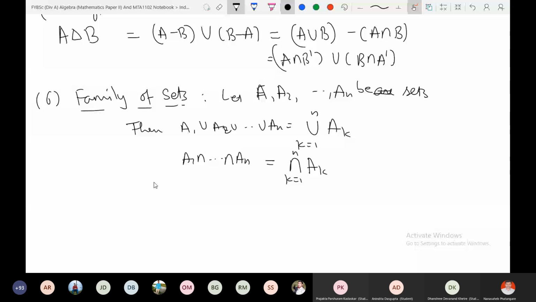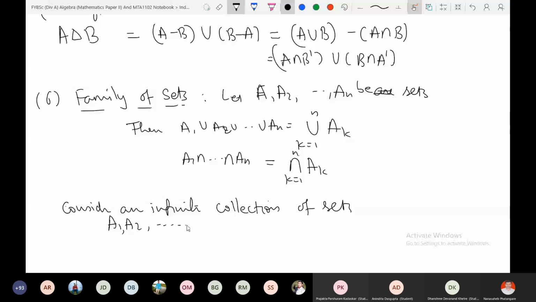But this is a collection of n sets and we want to take the union of this collection. Sometimes you may have an infinite collection. So consider an infinite collection of sets A1, A2 and so on. How many sets am I having?